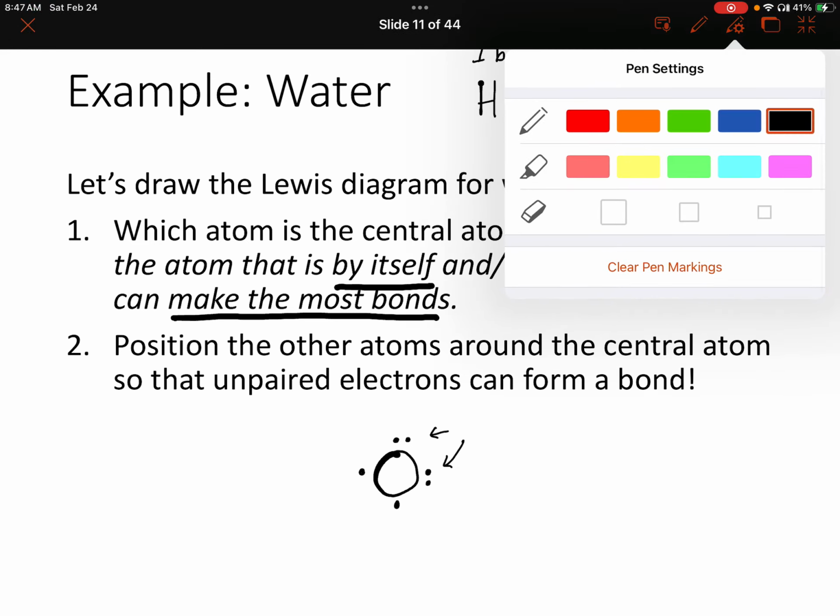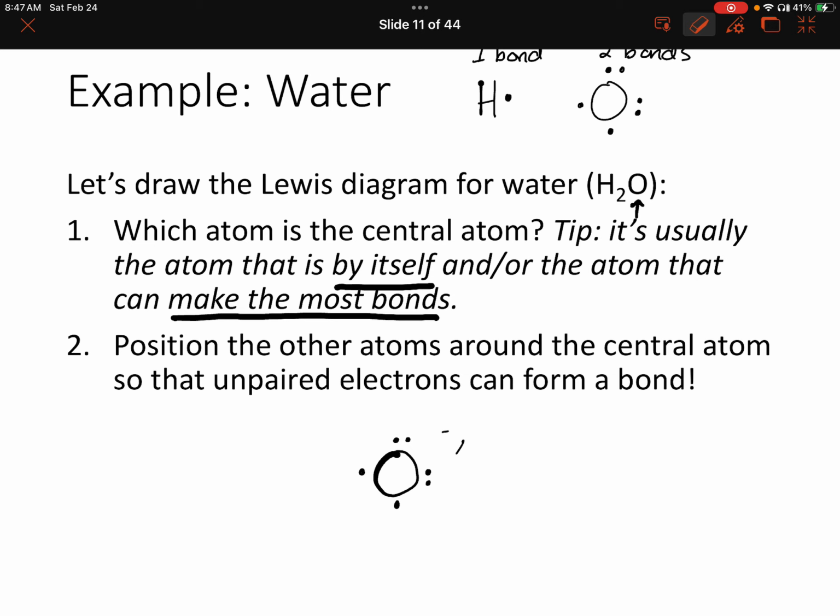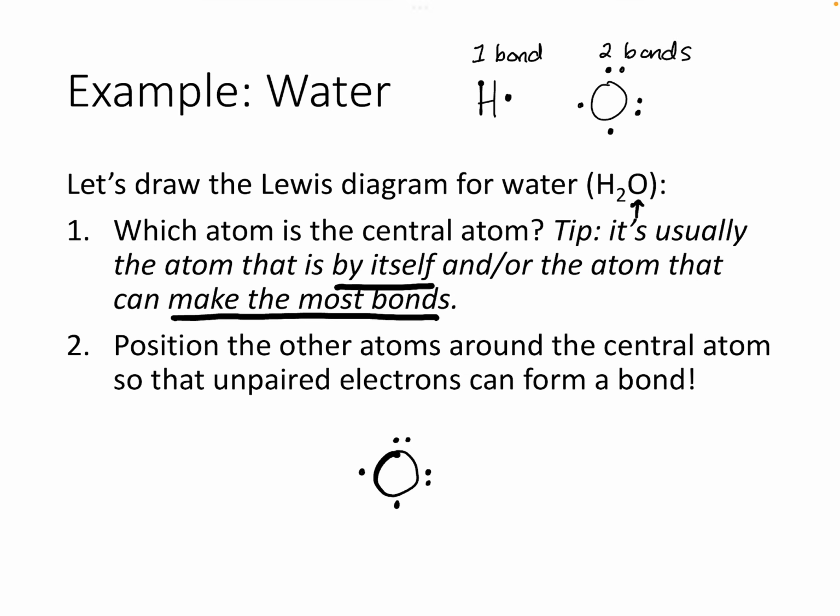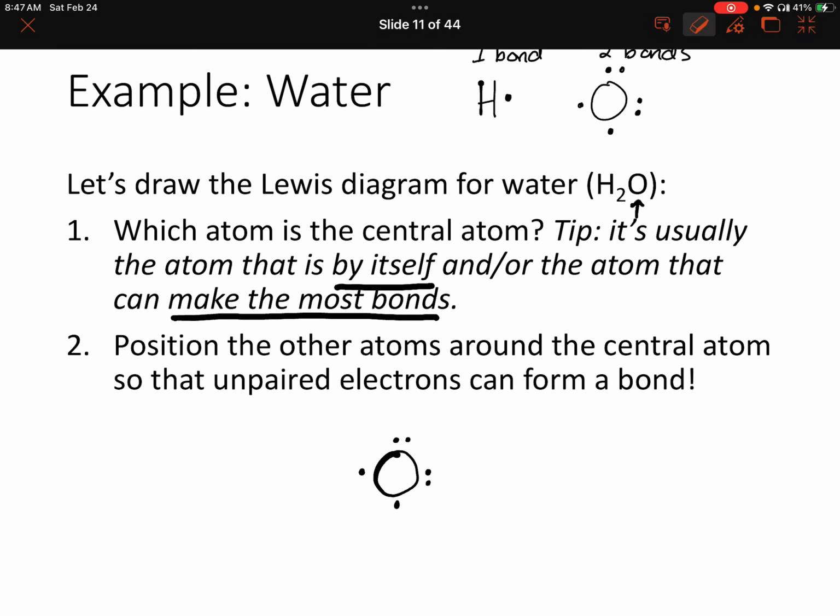But we'll get into that when we start talking about shapes of molecules later on. Anyway, so we have our two unpaired electrons for oxygen, and we have two hydrogen atoms, each with one unpaired electron. So now we can start to see our covalent bonds forming.